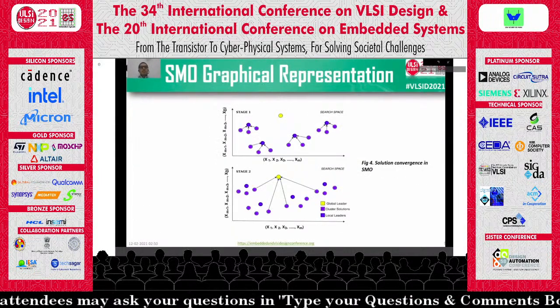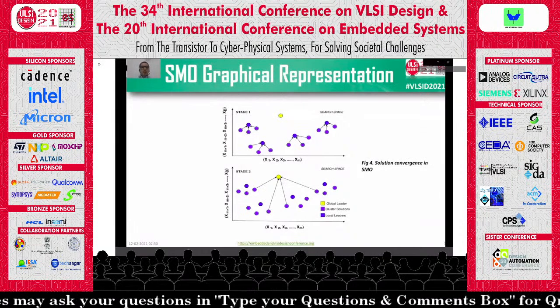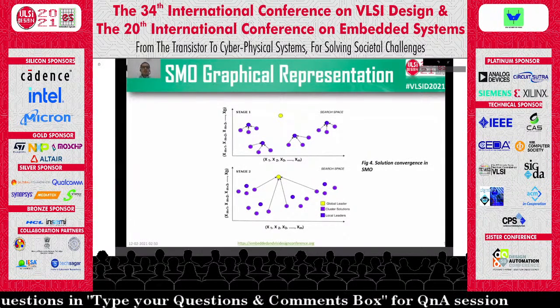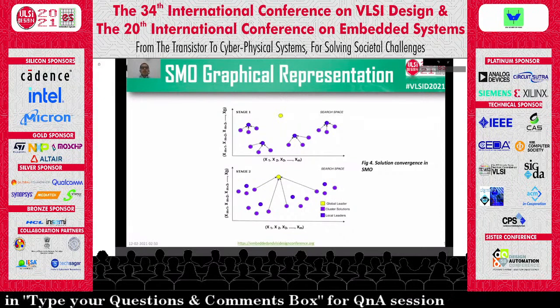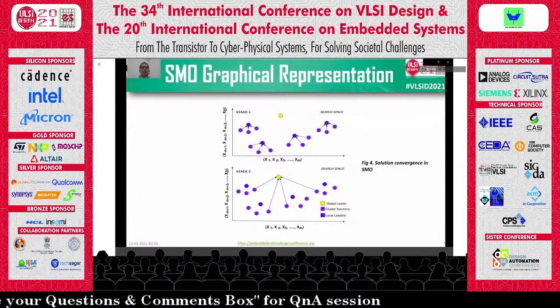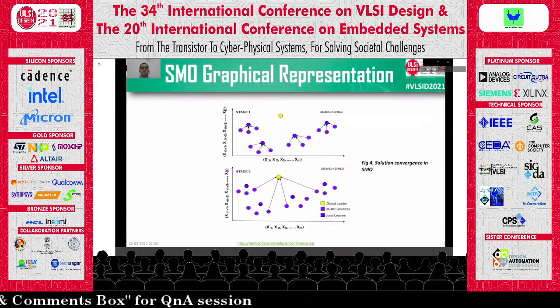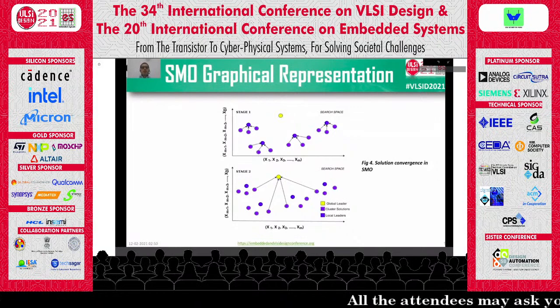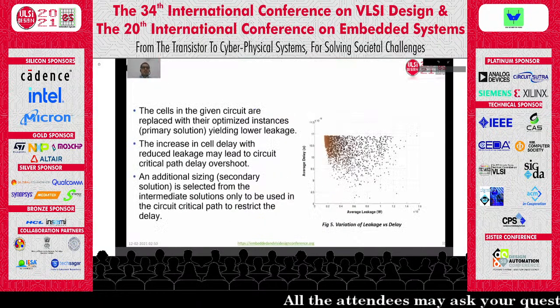So this is basically a graphical representation of the perturbations that the algorithm undergoes, how the swarm, how the different solutions generated, how they migrate towards some reference solutions referred to as global and local leaders. A detailed description of how this takes place can be found in the papers mentioned.